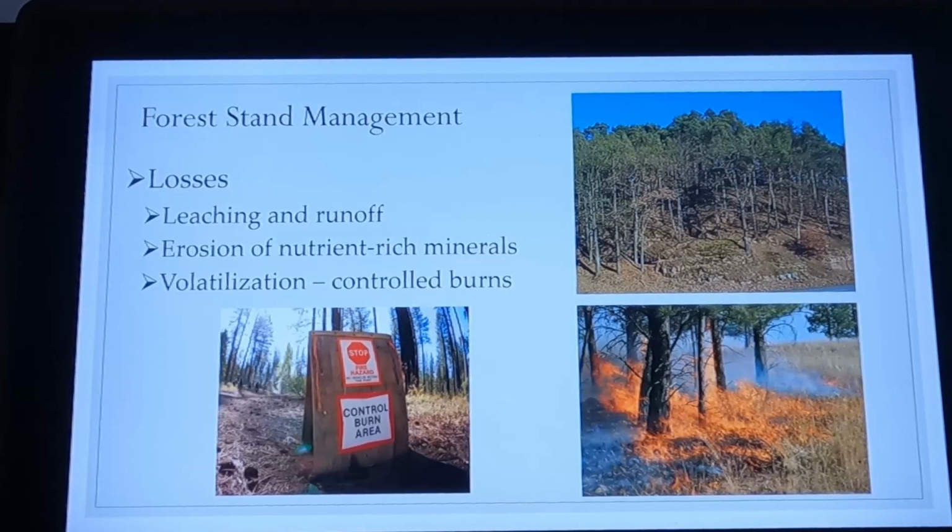For forest stand management, we want to minimize those losses, and that's difficult to do. Dr. Beth showed me a video this morning, and all the water in the creek up at Oakley Farm looked like, I mean, you could tell there was a lot of clay in it. It was red.